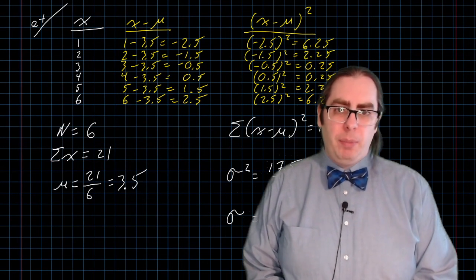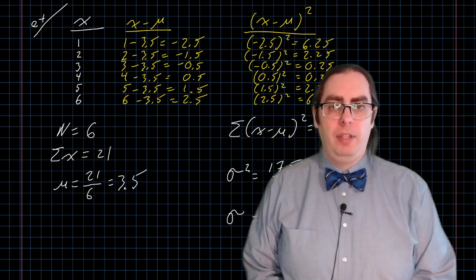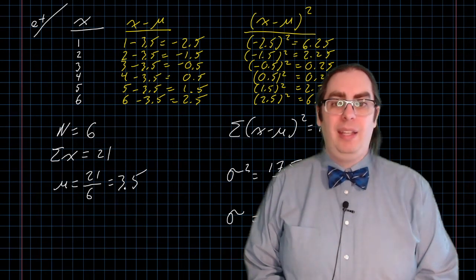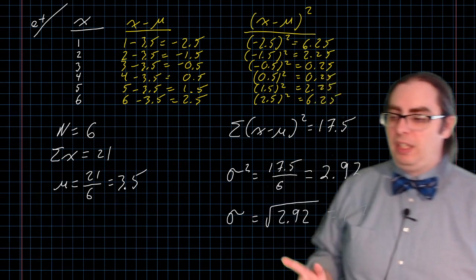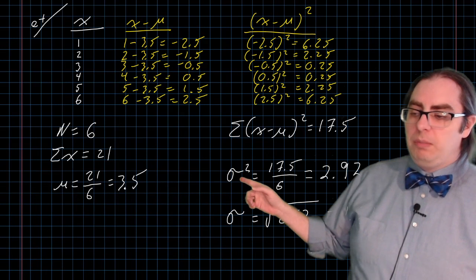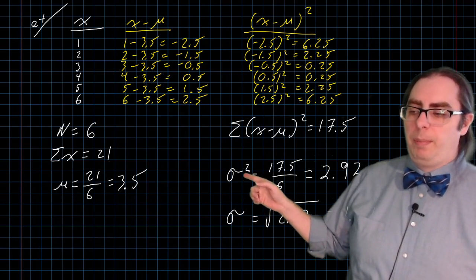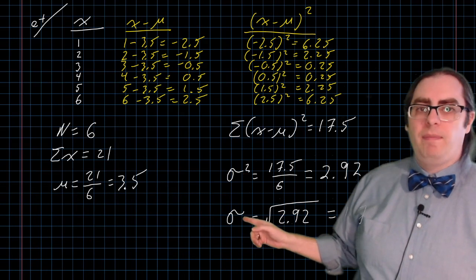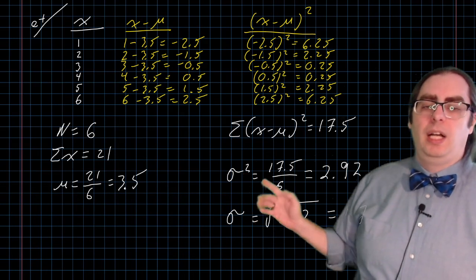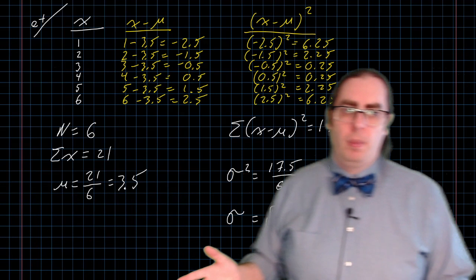So actually, the most important thing to take away from this calculation is the symbol, which I'm standing in front of. Sigma squared is the variance of the population. Sigma is the standard deviation of the population.